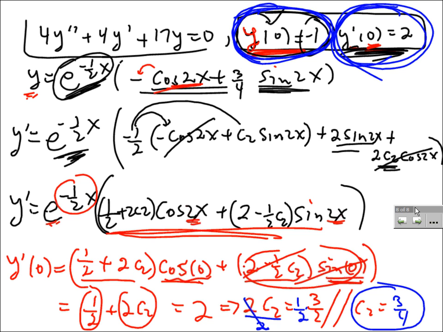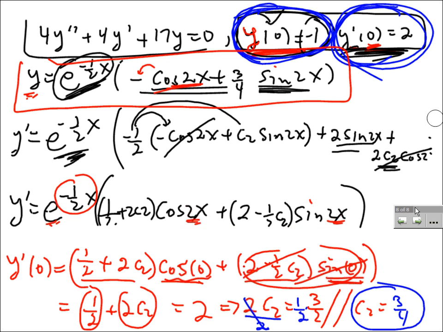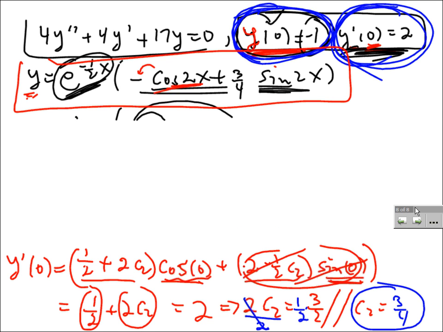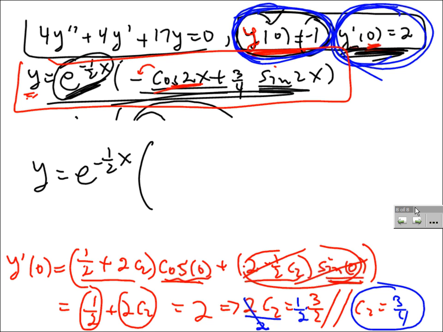And here is my solution. There it is. Let's write it down a bit neater, and we'll say we're done with this problem. y is e to the negative 1/2 x times, and I hate starting off with negatives, so I'm going to write the 3/4 first: 3/4 sine of 2x minus the cosine of 2x.